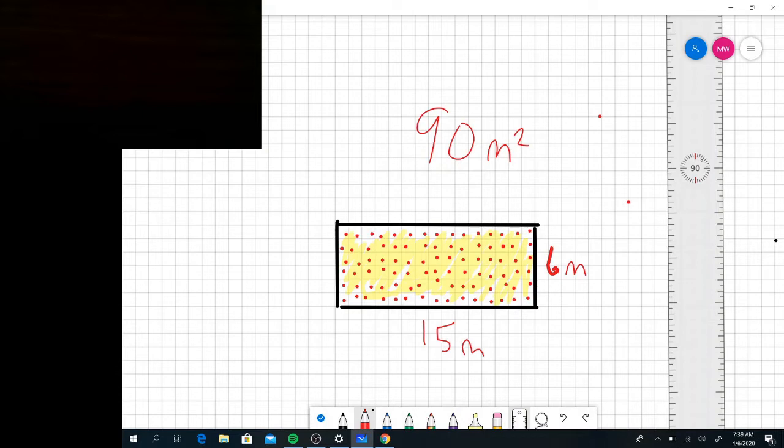There's 15 tiles along the bottom. There's 6 tiles going up on every single section. 15 groups of 6. So we could think of it like 15 times 6 equals 90.